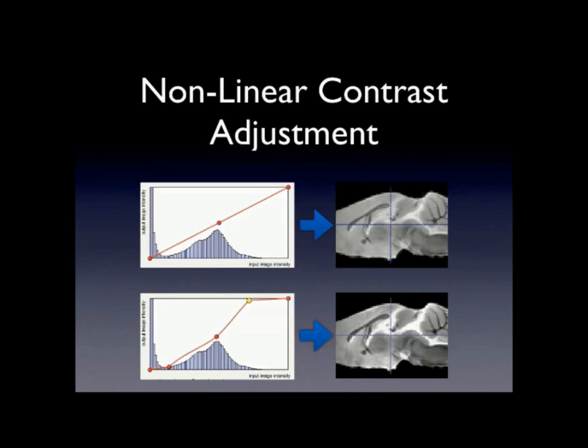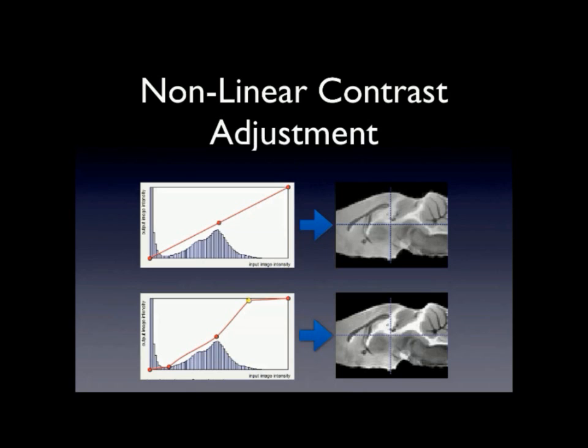So in addition to linear contrast adjustment, we can do nonlinear contrast adjustment. This allows us to really maximize contrast within parts of the input intensity range. Here this is being demonstrated.